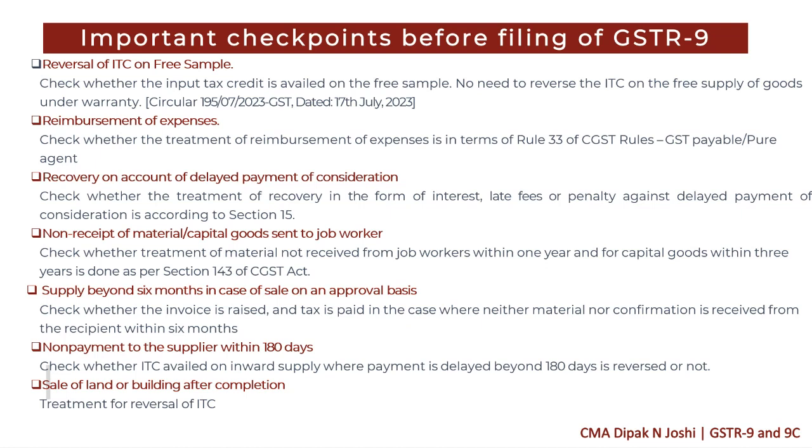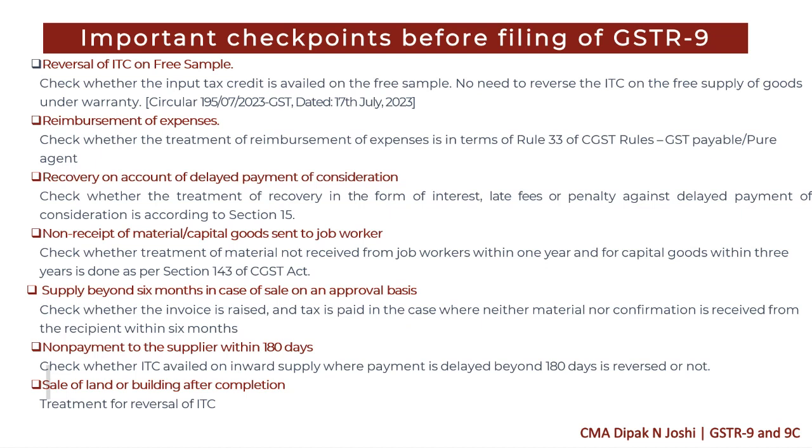The next exceptional point is non-payment to the supplier within a period of 180 days. The proviso to Section 16 subsection 2 provides that a registered person should pay the value of the invoice, that is the consideration amount, to the supplier within a period of 180 days from the date of invoice.